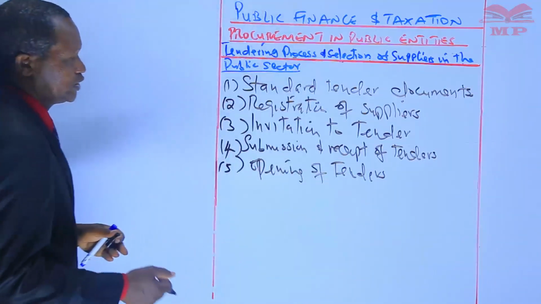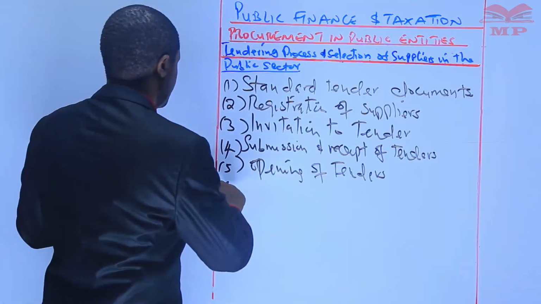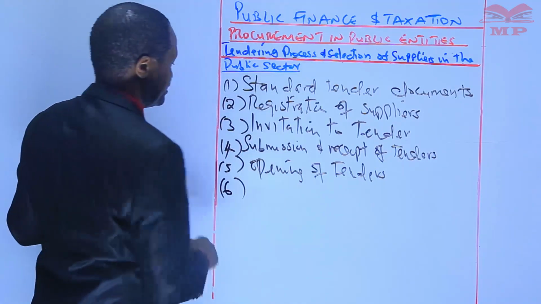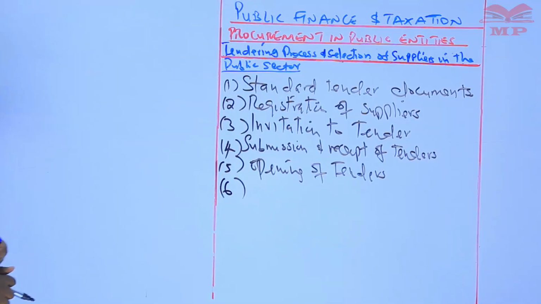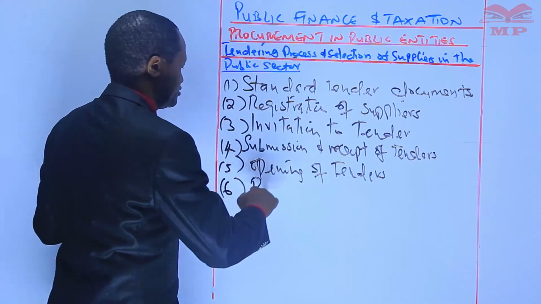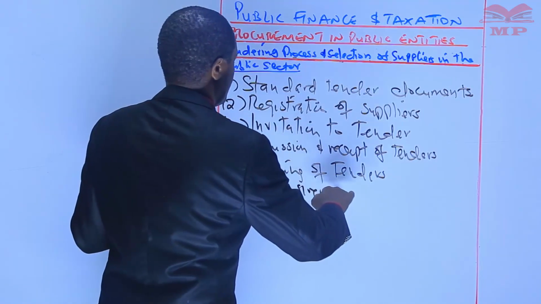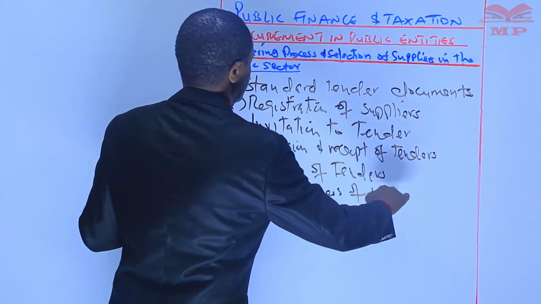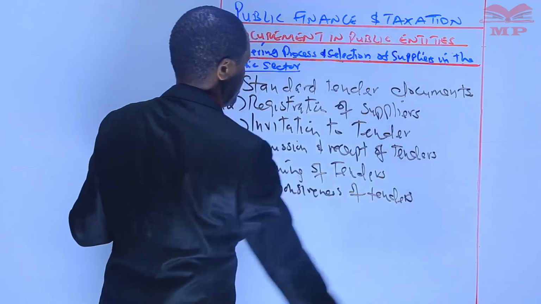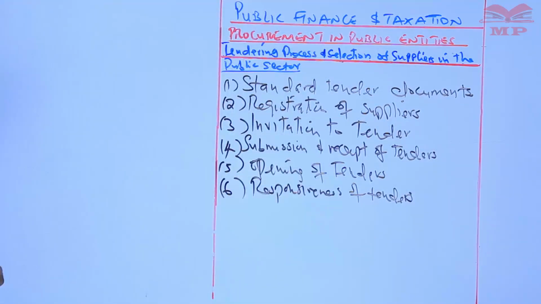That we are also going to learn. Then number 6, the 6th aspect in the tendering process, is responsiveness of tenders. We will look at responsiveness of tenders.